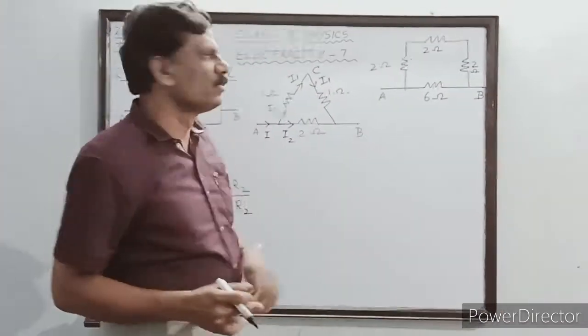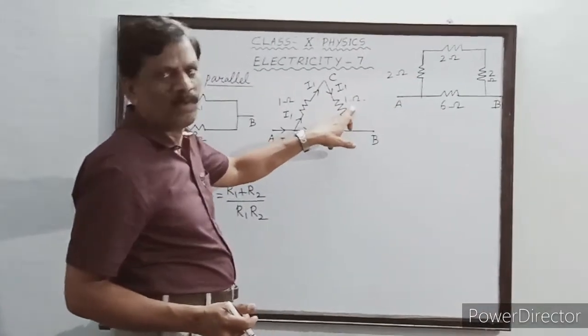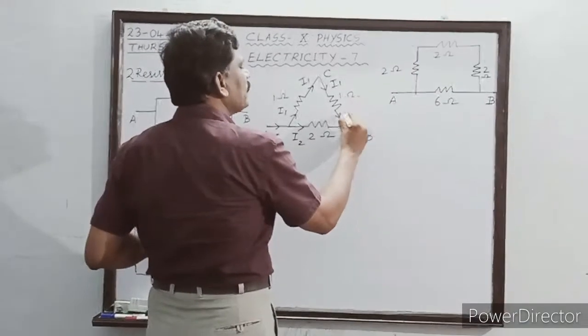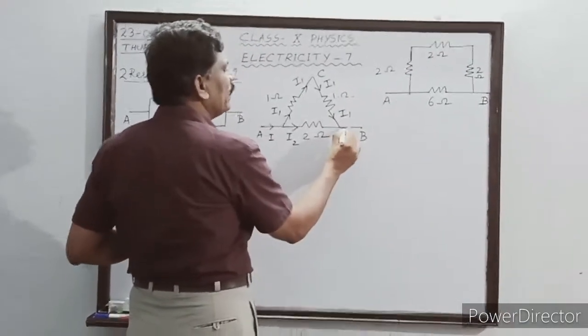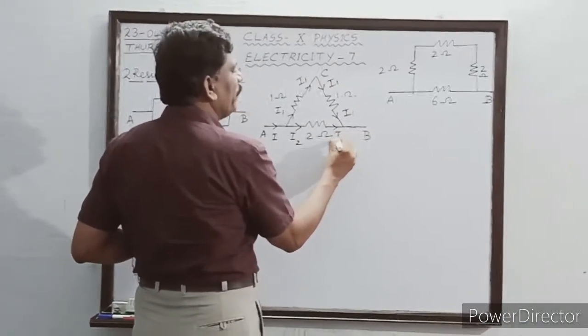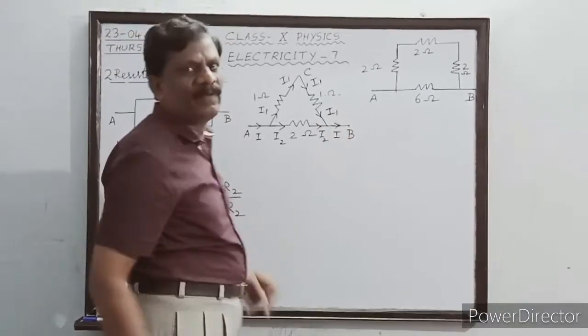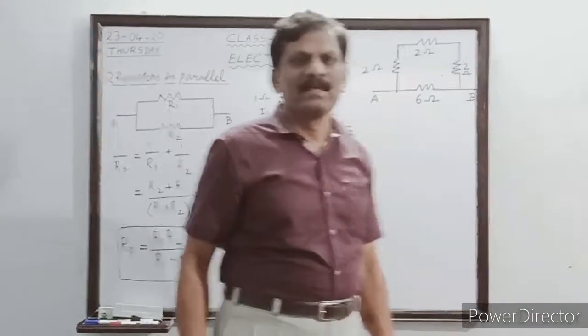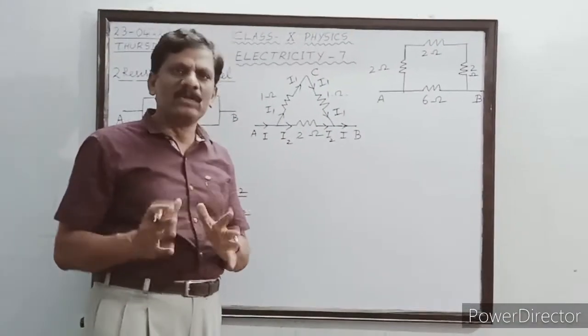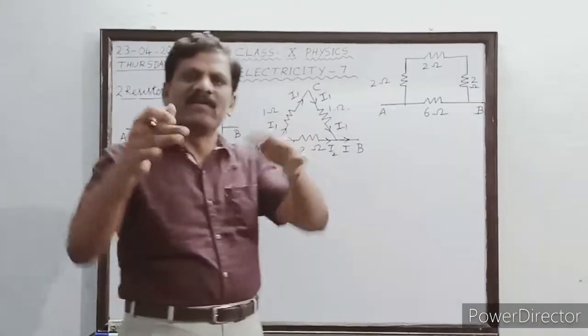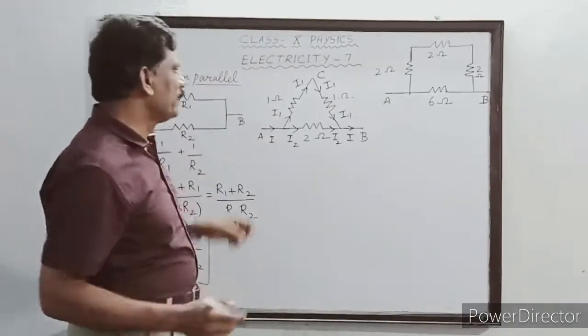The same current is going to flow through the other 1 ohm resistor also. So here also the same current I1 ampere is flowing. Then again here the current will be I2. These two will join and here the total current will be what? The I ampere.